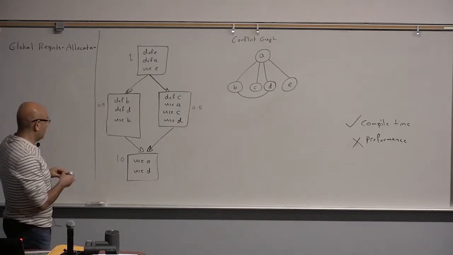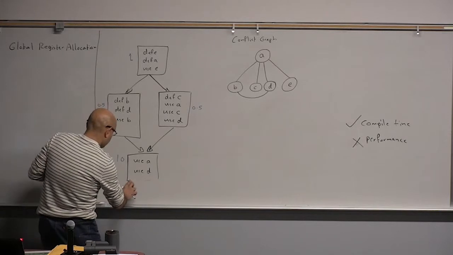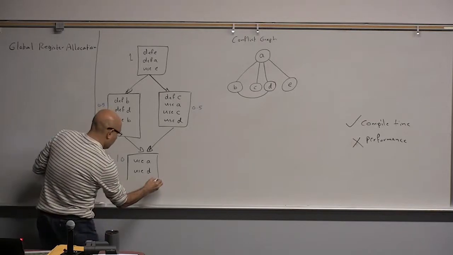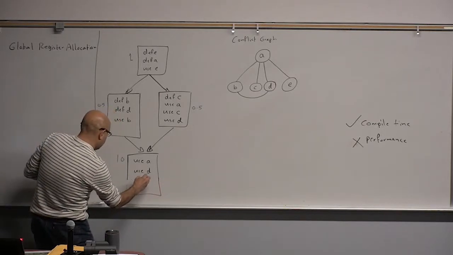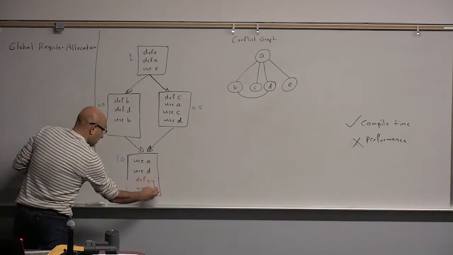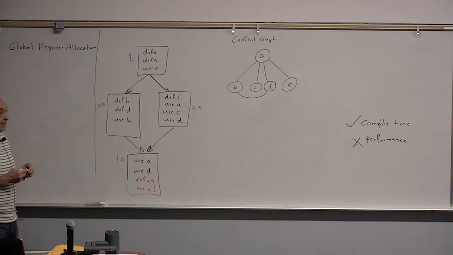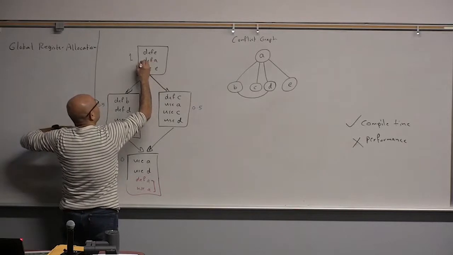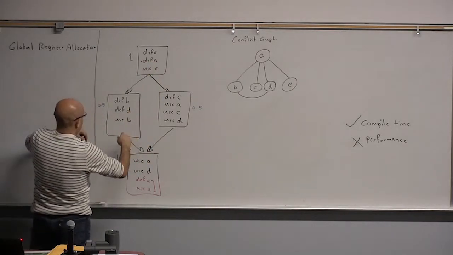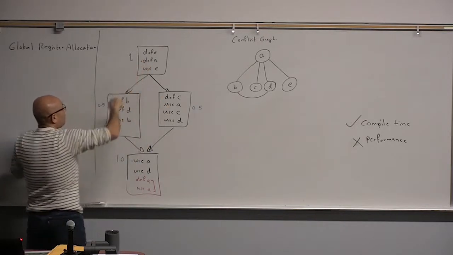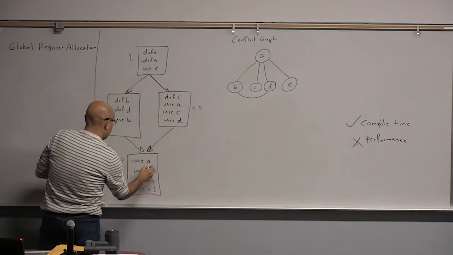To give an example, if we add here, and I will just add this temporarily and then remove it, something like define A and use A. This little definition of A and use of A is going to create a different live range. It's not the same live range because this definition of A gets used here, and here. So this live range of A, this is a definition, and these are the uses of this definition.